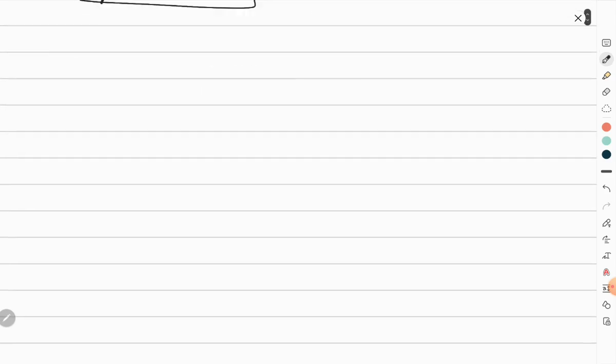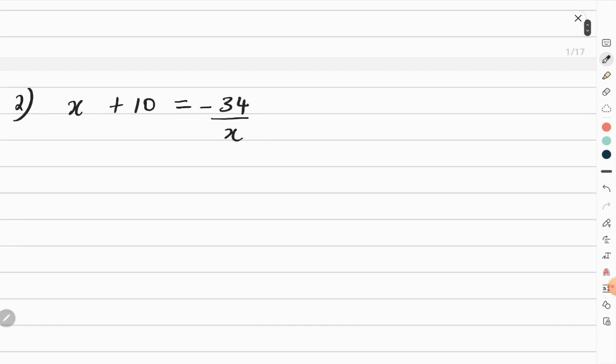Now let's take another one. Number 2, we have x plus 10 equal to negative 34 over x. I think here we can just multiply by x throughout, so we are going to have x squared plus 10x, then plus 34. We can just take this 34 to be on this side.